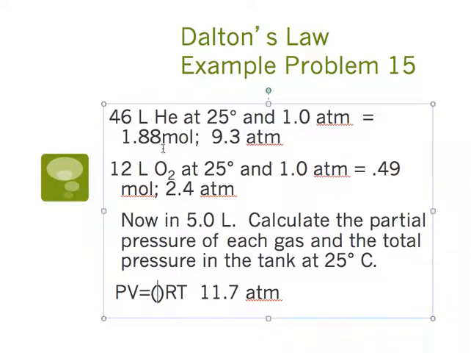Again, there's a couple different ways you can do this. You can find the percentage of moles, put in your total moles into PV=nRT here, then get your percentage of pressure, or find your individuals and just add them up.